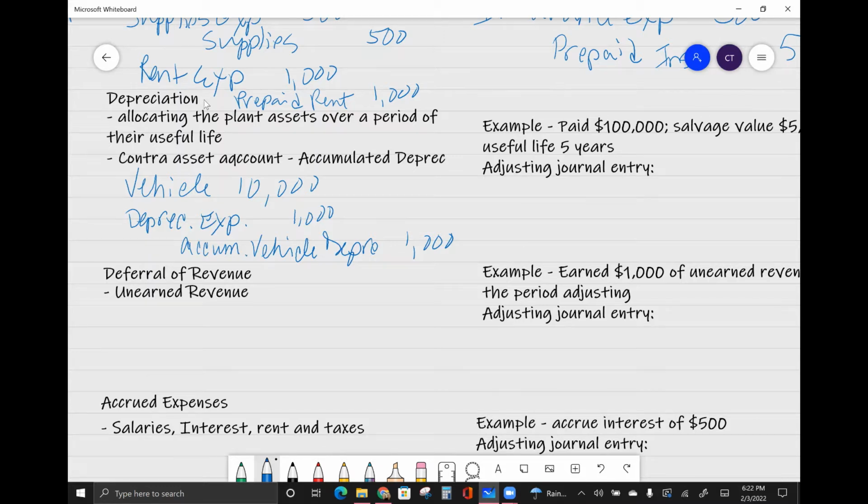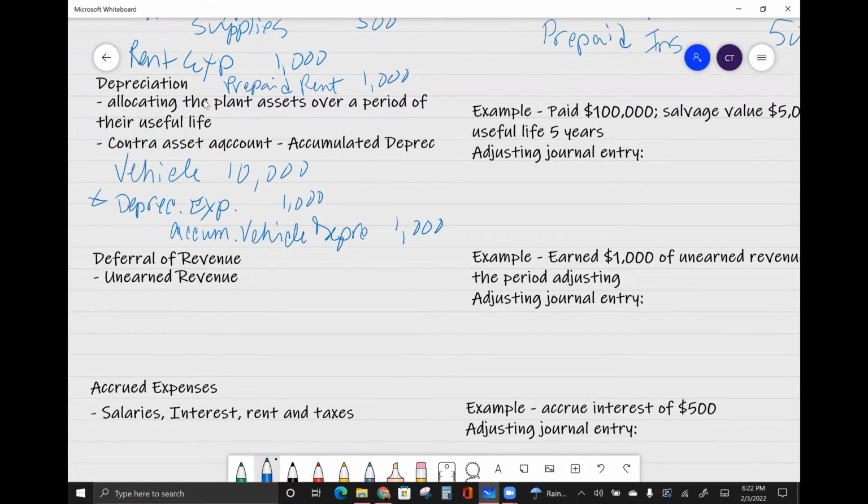Accumulated depreciation for vehicle would be $1,000, where it's reducing it. So my net book value will be $9,000. Okay, so I'm not using the vehicle account, but I am reducing it using this contra asset account. Does that make sense? So the debit's sitting in vehicle, all the credits are going to be in this accumulated account. Okay, and then this is what my expense is, the depreciation.